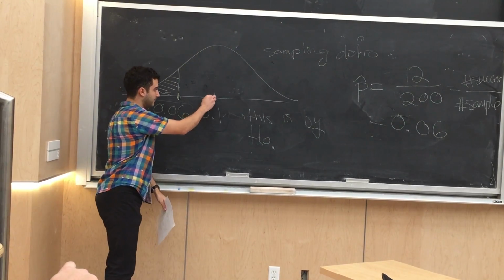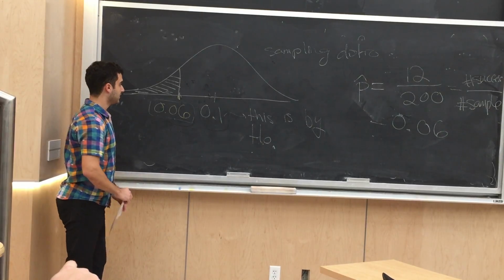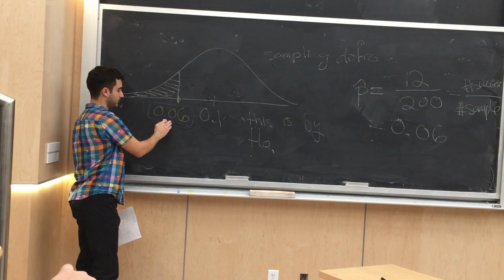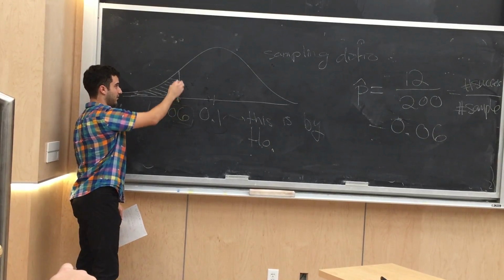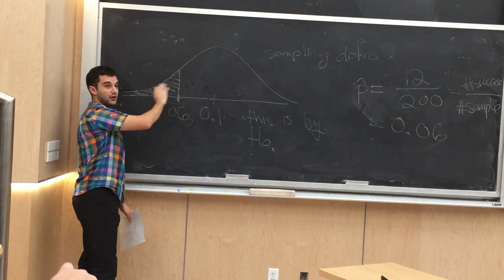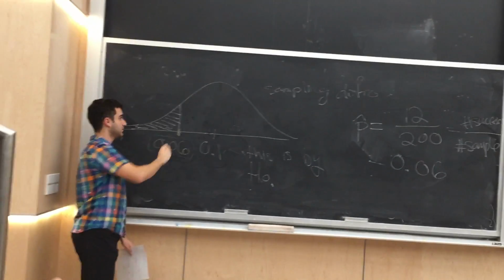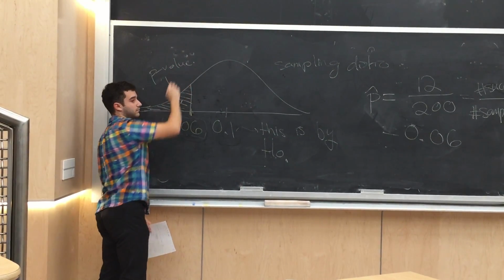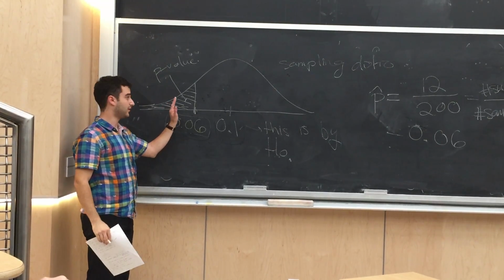The way that statisticians deal with this is saying, well, the probability of getting something about this small is the probability of getting something this small or smaller. So that is the p-value, right?